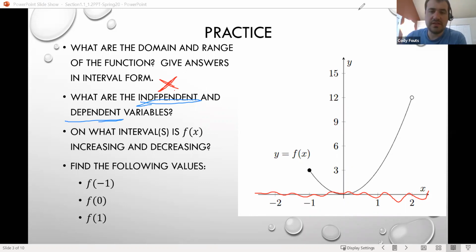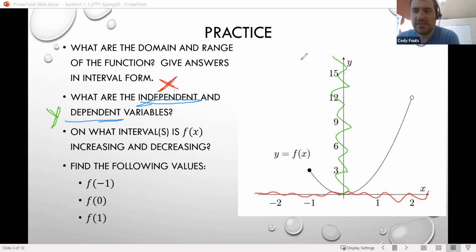And then the dependent variables, those will be the ones along the vertical axis, so along here now. And we notice that those are y's. So our dependent variable is y. Now, for those of you that have had me prior to this quarter, you know that I'm a huge stickler on not using only x and y as our only possible variables.